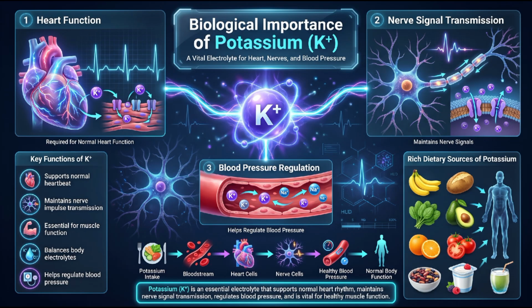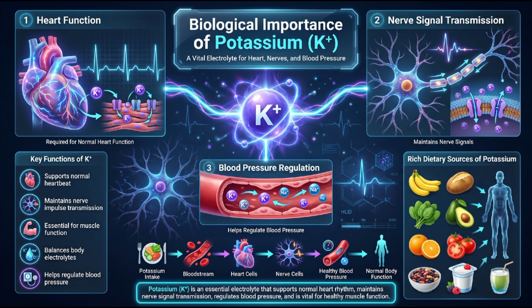This unique distribution allows potassium to play crucial roles in maintaining electrical activity, supporting normal heart function, transmitting nerve signals, regulating muscle contraction, balancing body electrolytes, and helping maintain healthy blood pressure. The infographic illustrates how potassium performs these essential functions and why it is indispensable for human life.